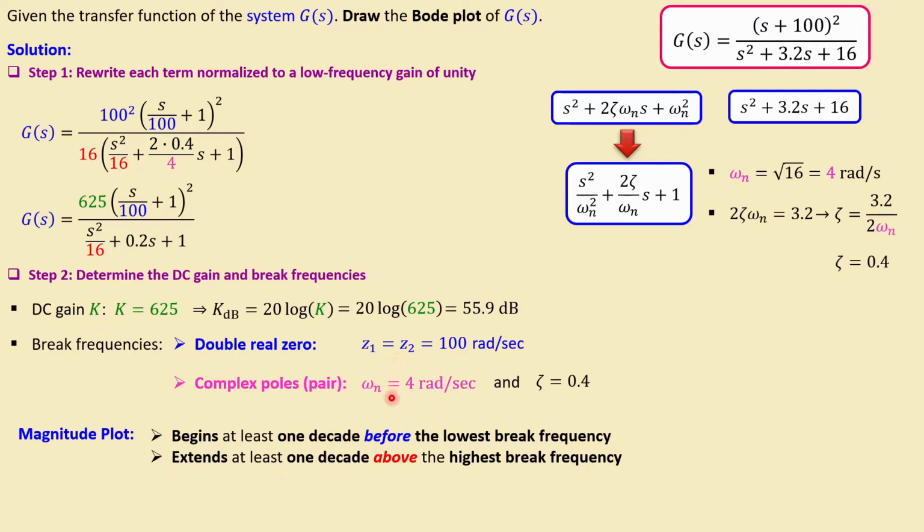In our case, the lowest frequency is 4 radians per second and the highest is 100. So for our beginning, we start 10 times smaller than this one, so 0.4, and you go up to at least 10 times larger, maybe 1000. So you plot at least between 0.4 and 1000. Of course, you can also go from 0.1 up to 10,000 or 1 million, but this is at least what you need for a more accurate and more complete plot.